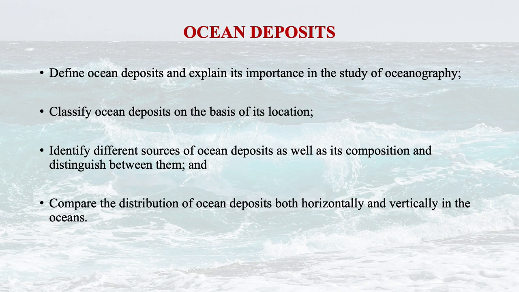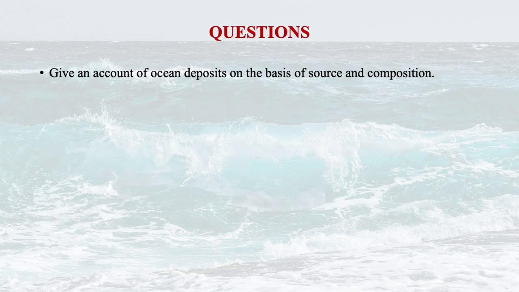And then you can compare the distribution of ocean deposits both horizontally and vertically, as you have seen in these video programs. And now you can get questions like give an account of ocean deposits on the basis of source and composition. Then you will have to give all the 6 types which you have seen in these video programs, like terrigenous deposits, volcanic deposits, organic, inorganic, red clay, and you can give the sub parts of those deposits also.